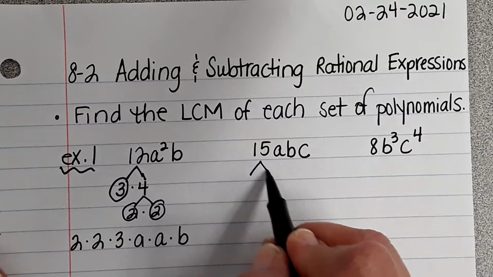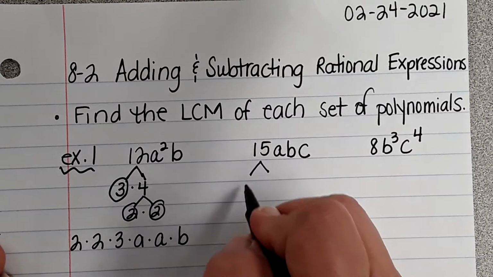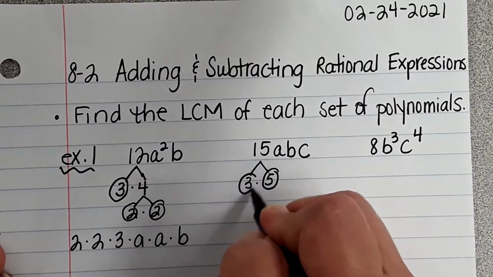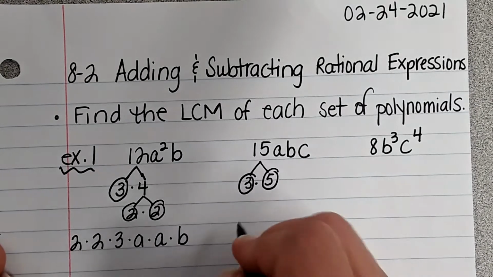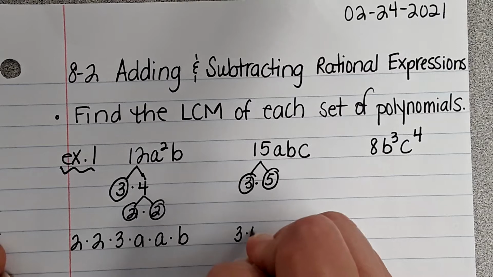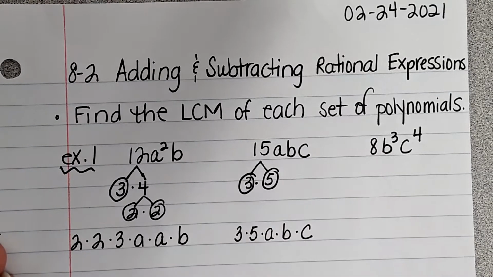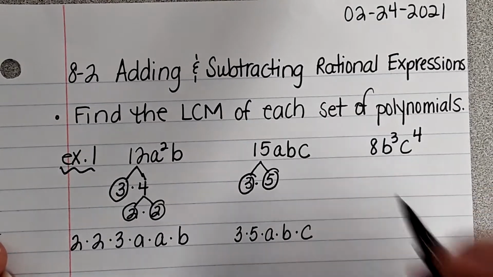15. What are two numbers you can multiply to get 15? 5 and 3. Those are both prime. So it's going to be 3 times 5 times A times B times C. And then 8.